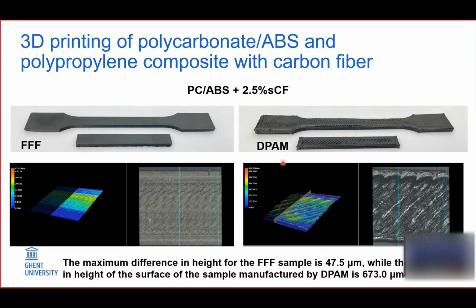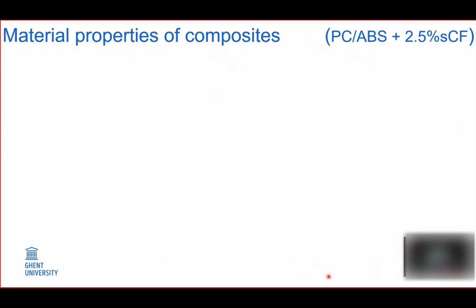You can see that for the FFF printed samples, the difference in the heights of the layers is way smaller than for the pellet-based additive manufacturing. So it's an indication that we are not using the optimal settings for the printing.